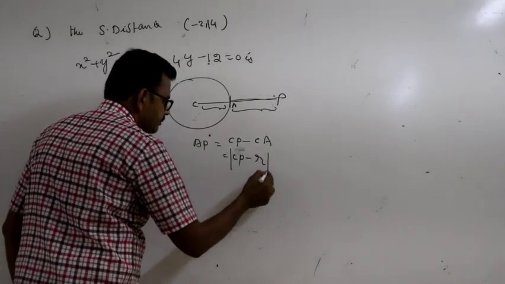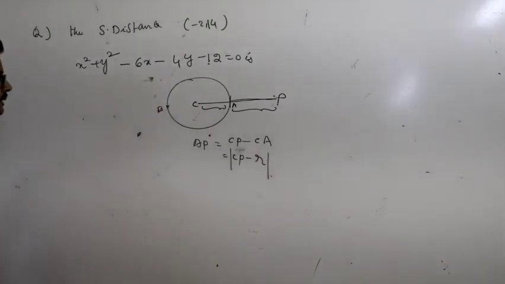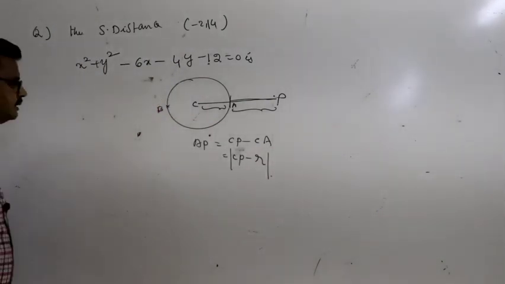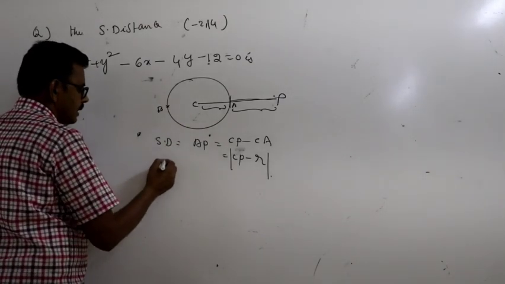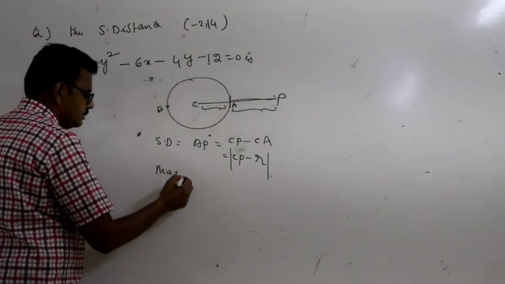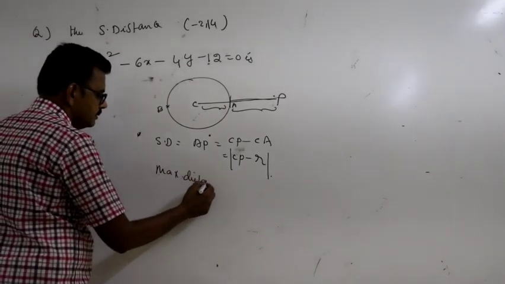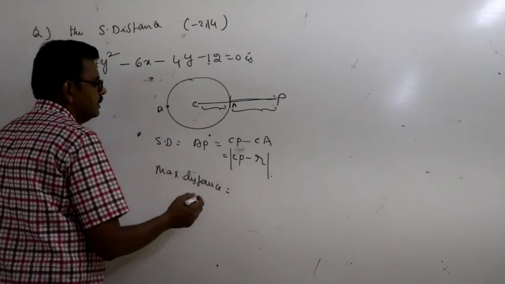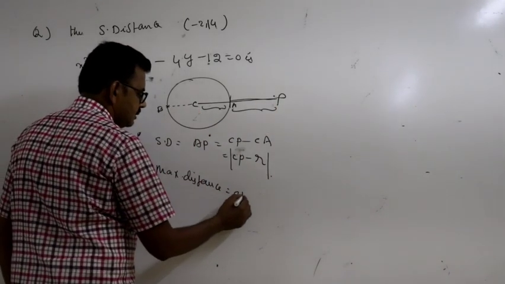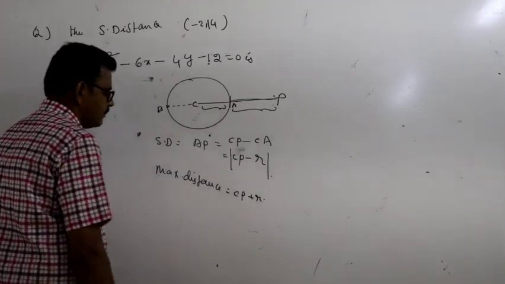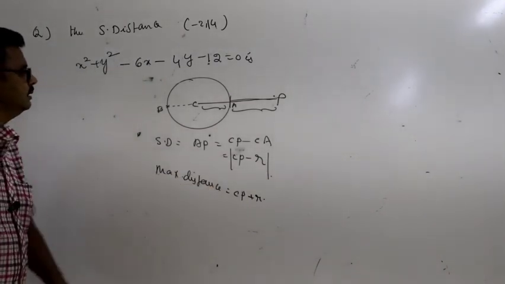That is mod of CP minus R, the shortest distance. And the maximum distance is CP plus R. So this is the maximum distance, this is the minimum distance.